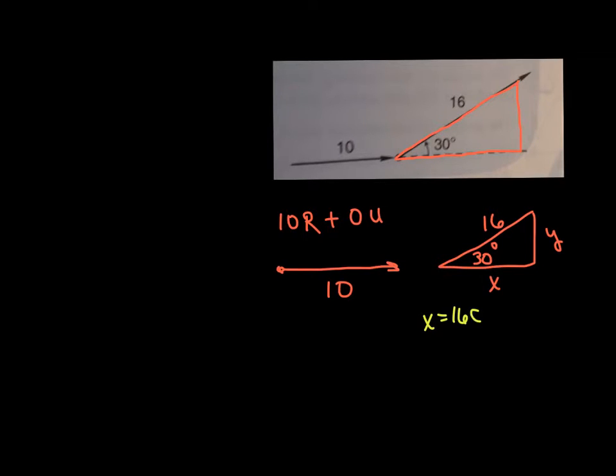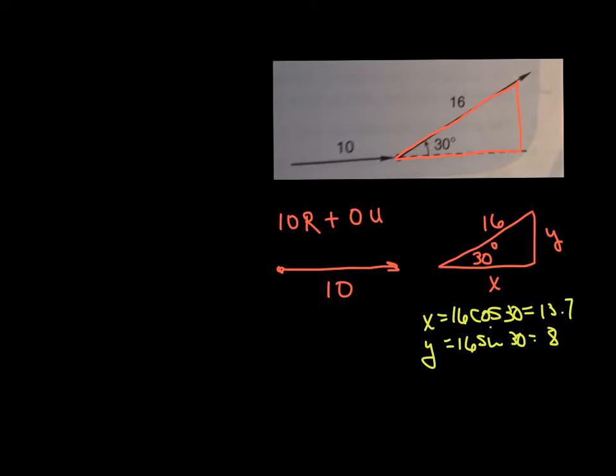So remember, to find your x, you're going to have to take 16 cosine of 30. And 16 cosine of 30 is 13.7. And our y is going to be 16 sine of 30, and that's going to be exactly 8, because sine of 30 is 1/2 times 16 is 8.